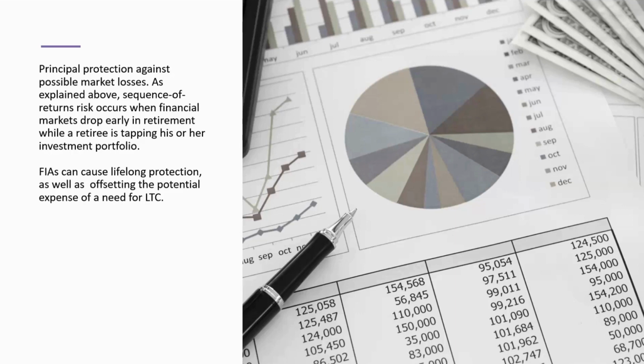Sequence of returns risk occurs when financial markets drop early in retirement, when a retiree is tapping his or her investment portfolio. Fixed income annuities can give you lifelong protection as well as offsetting the potential expense of a need for long-term care.